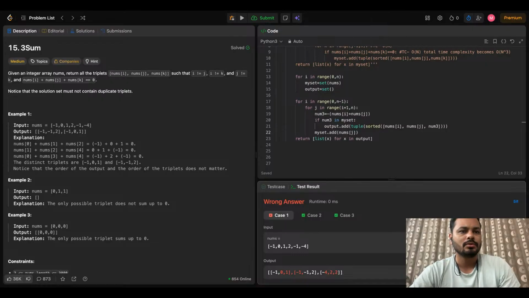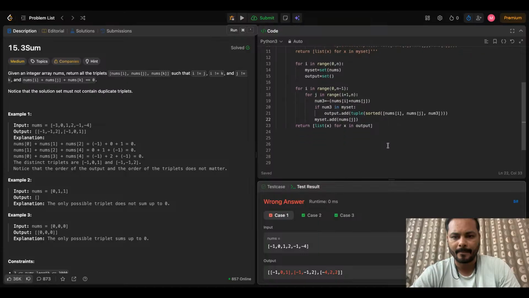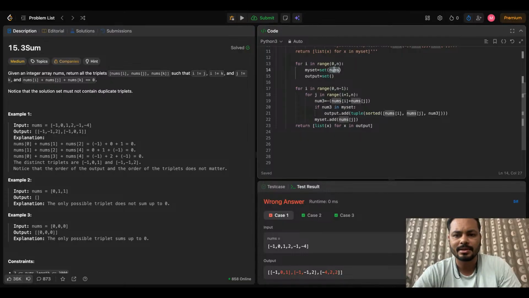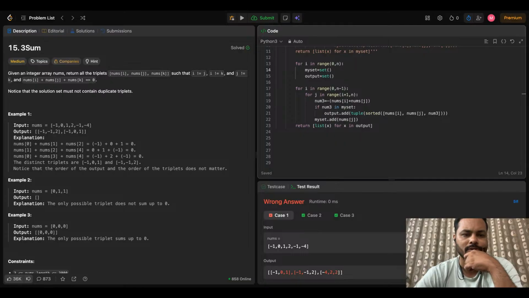Let's say I'm taking my set as only set, not giving any parameter as we used to do.